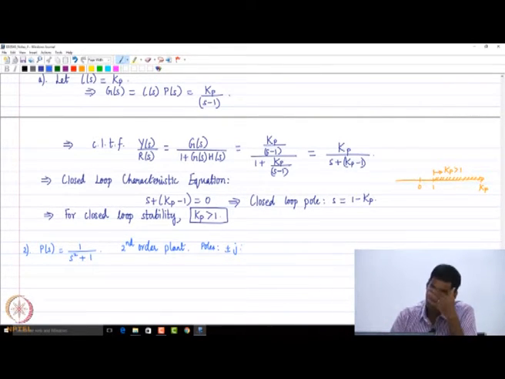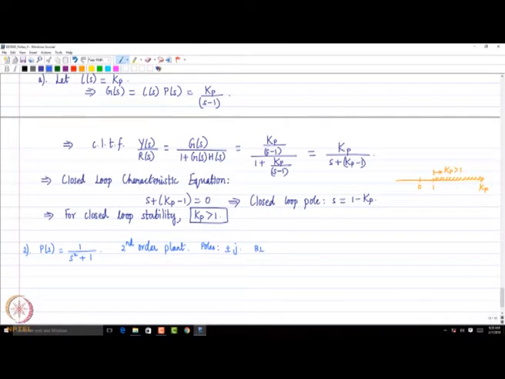So this is BIBO unstable. Some people will call it marginally or critically stable. It depends on which school of thought you belong to.